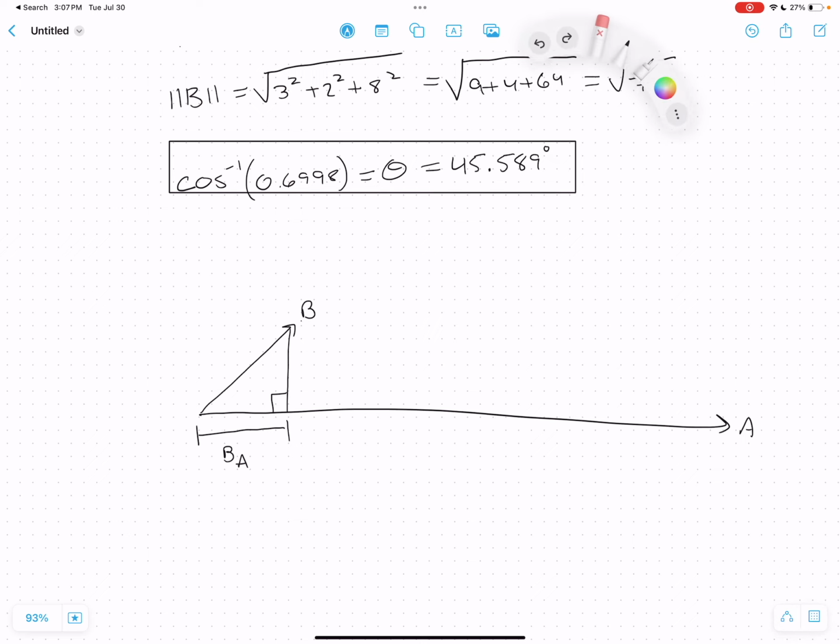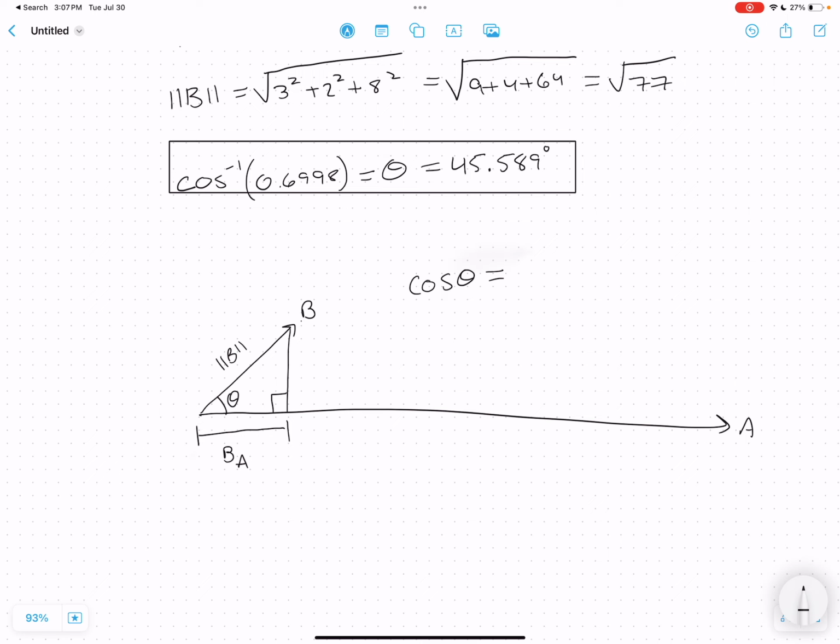Let's go ahead and calculate these really quick. Let's look at the trigonometry here. This is theta, the angle between B and A. Here we have a hypotenuse, an angle, and an adjacent side, and what we're trying to find is the adjacent side. We know the hypotenuse: the magnitude of B. We know that cosine of theta is equal to the adjacent over the hypotenuse.